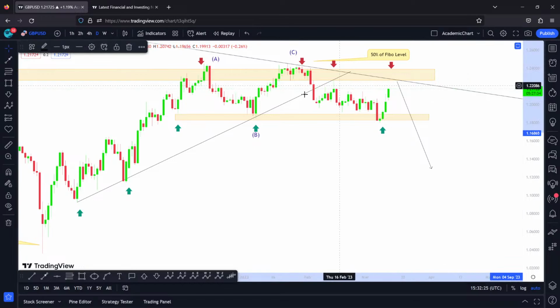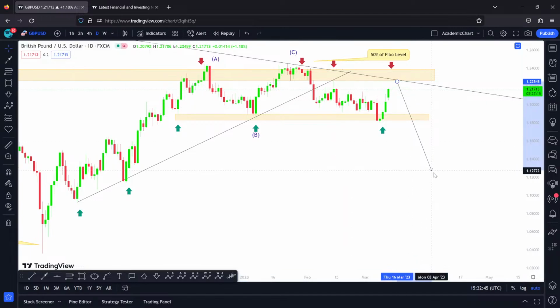Also, we have seen a breakout. We saw a divergence, a completed ABC, a retest to this structure, continuation of the downtrend, also the 15 percent Fibonacci level. So all in all, I would like to say that as a midterm, I'm still expecting a downtrend.